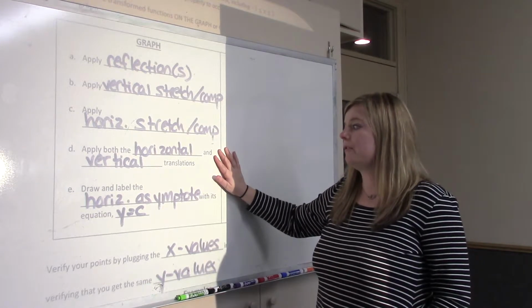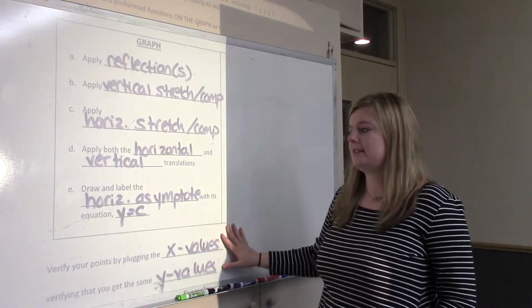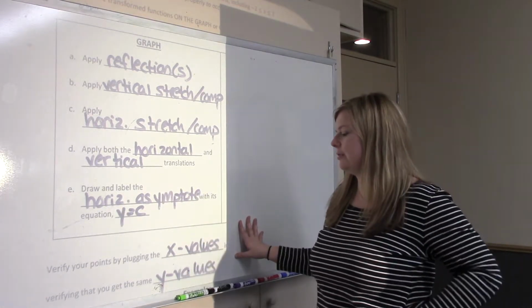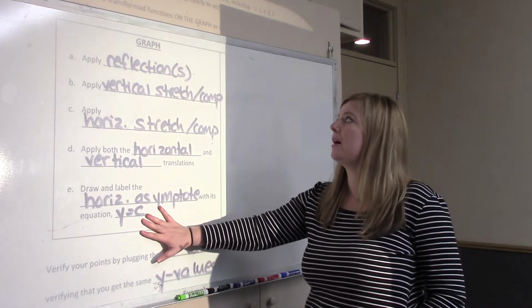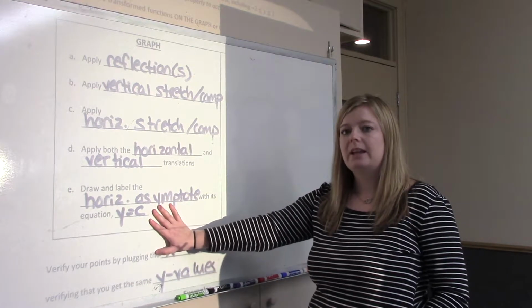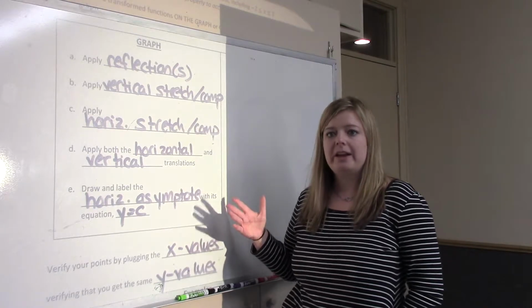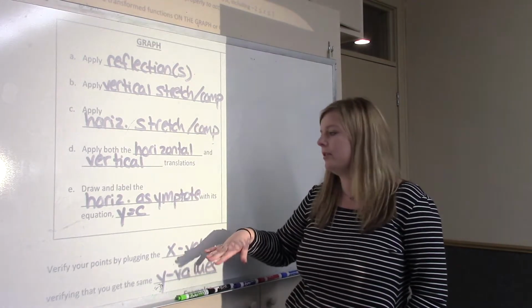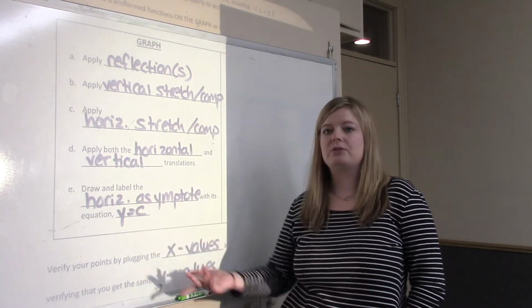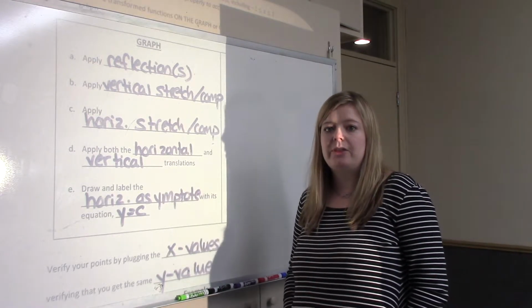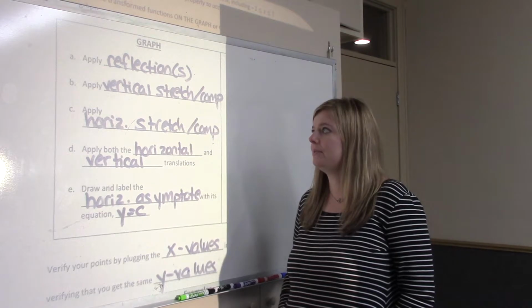You apply both the vertical and the horizontal translations at the same time, and then you draw and label the horizontal asymptote. Okay, its equation is always y equals c. Because originally the horizontal asymptote is y equals 0, and now you're just moving it up or down by a vertical translation, which is always given by c. So that's nice, that's an easy way that you can come up with the horizontal asymptote.